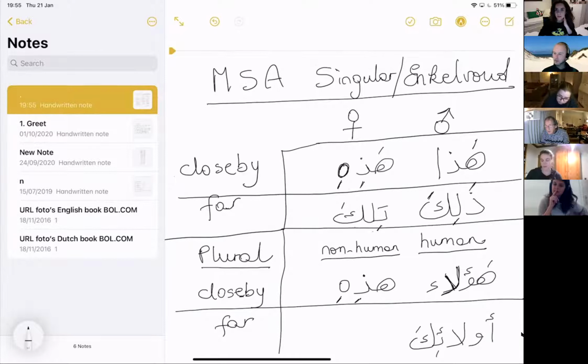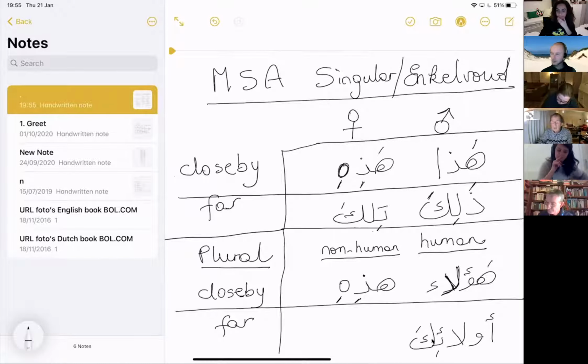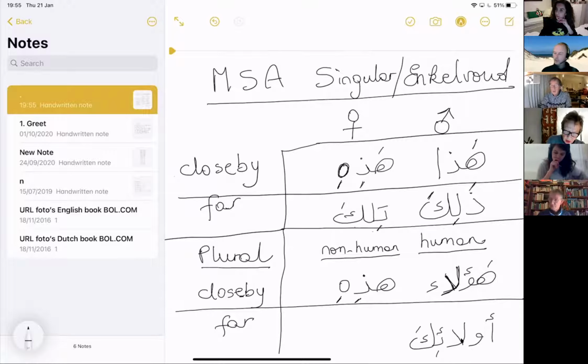Repeat it. So these students or those students: أولئك الطلاب. Repeat. أولئك الطلاب.